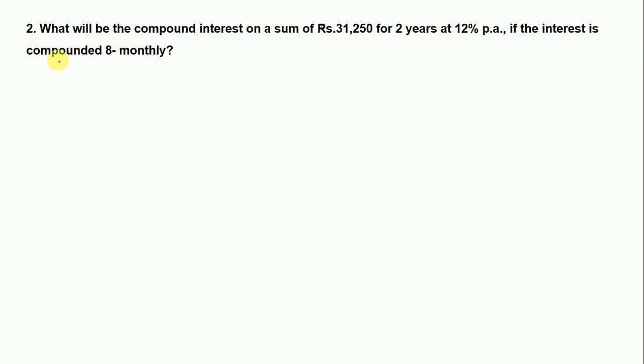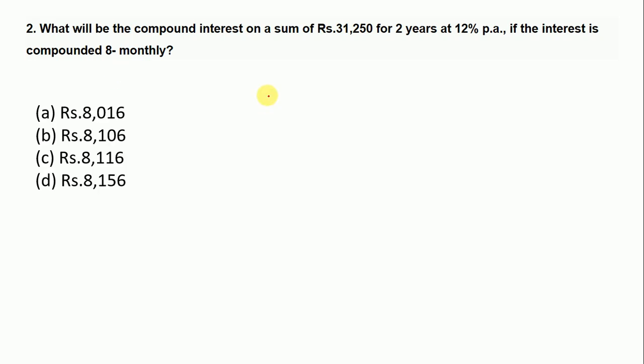Now, what will be the compound interest on a sum of rupees 31,250 for 2 years at 12% per annum if the interest is compounded 8 monthly? So first of all we have time is equal to 2 years, which means 24 months.